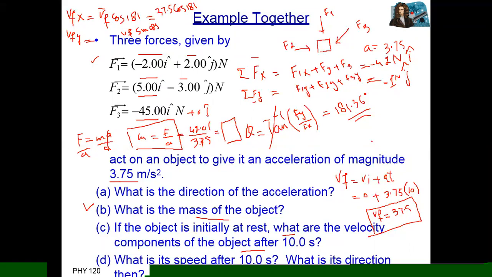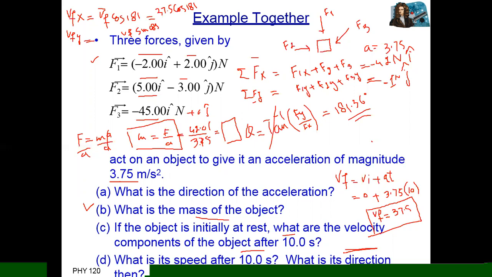So with the same formula, V is equal to the square root of Vfx squared plus Vfy squared. And you can also find the direction from the tangent formula: tangent inverse of Vfy over Vfx. Okay, great. This one is complete.